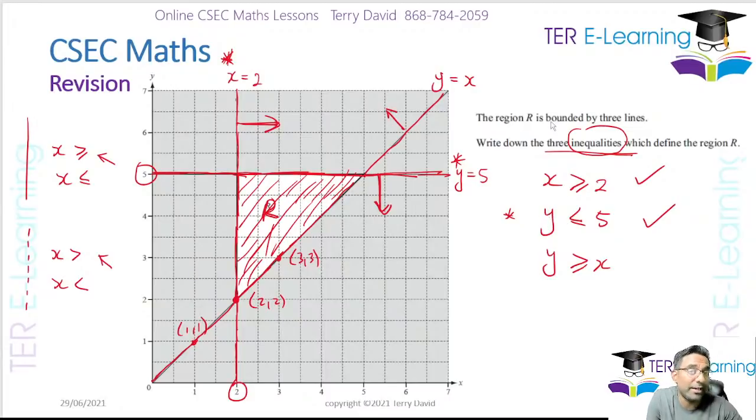That's all. Somebody's asking, if you shade below the line, yeah, that's correct, Asha Smith. It'll be y is less than or equal to x if we were to shade below that line.